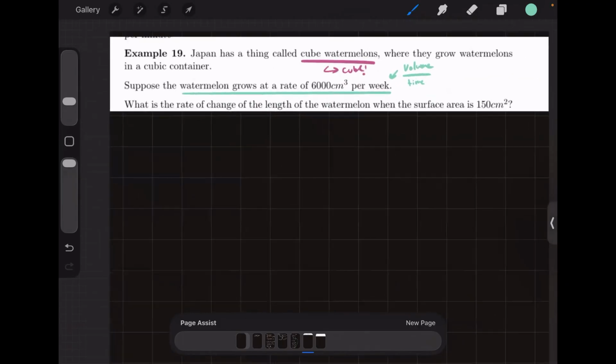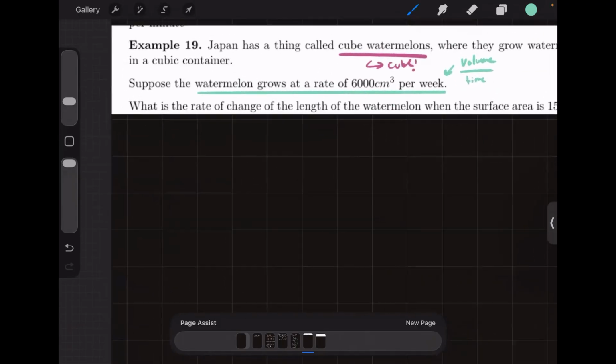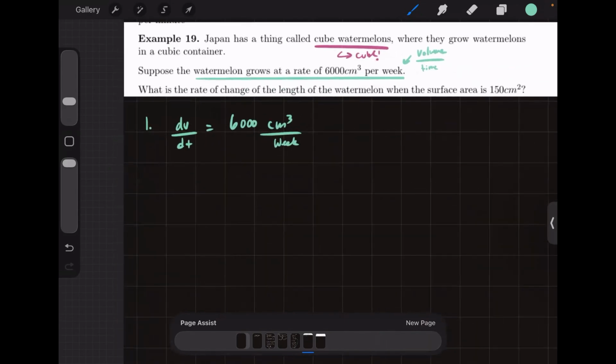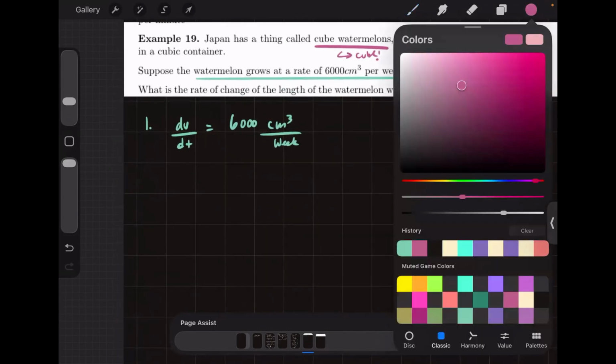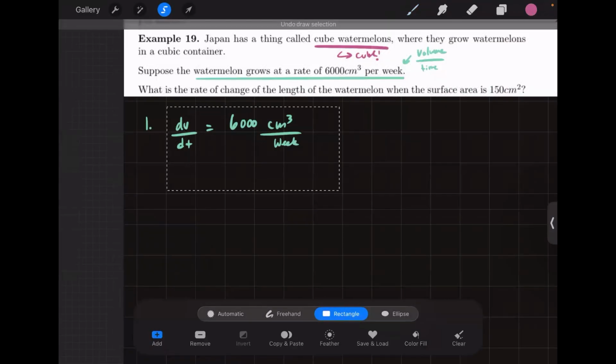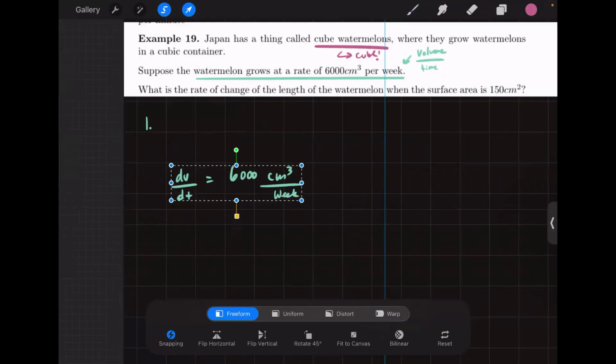So the first thing you know is dV/dt is equal to 6,000 centimeters cubed per week. Second, we should probably write in a slightly different order. I guess second, we know this.